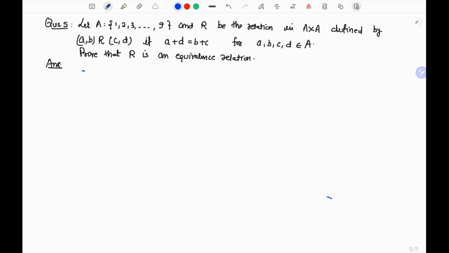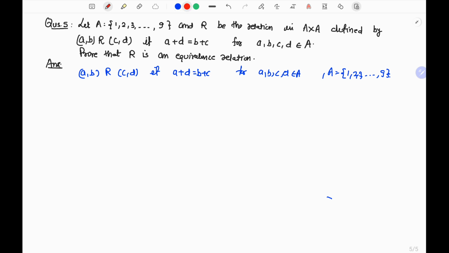We are given the relation that ordered pair (a, b) is related with (c, d) if a plus d equals b plus c for a, b, c, d belongs to set A, and set A is having the elements 1, 2, 3 up to 9. All these numbers are natural numbers.